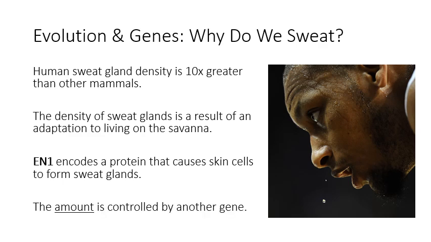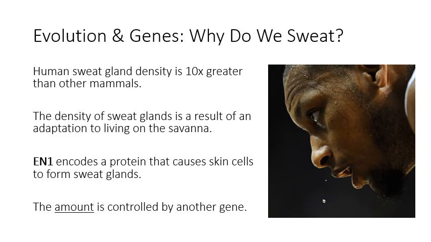And the amount of sweat is going to be controlled by another gene. So there's a long evolutionary process taking place here where a number of pieces of our genetic code are starting to fit together over time and being selected for naturally.